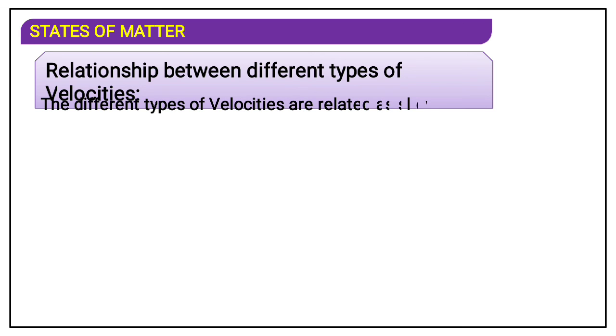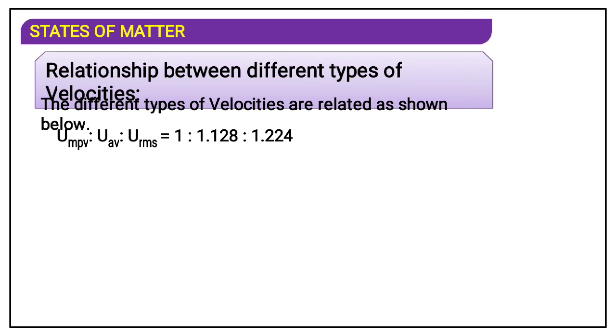The different types of velocity are the root mean square velocity, that is the RMS velocity, another one is the average velocity, and another one is the most probable velocity. We have to relate them to each other.